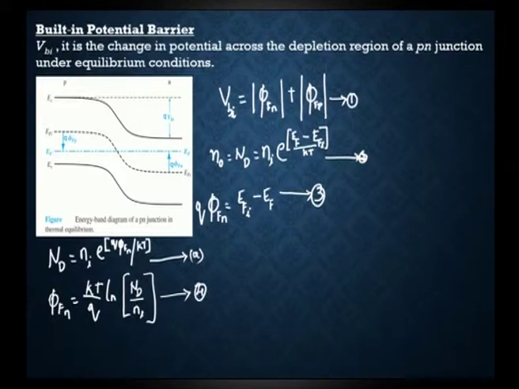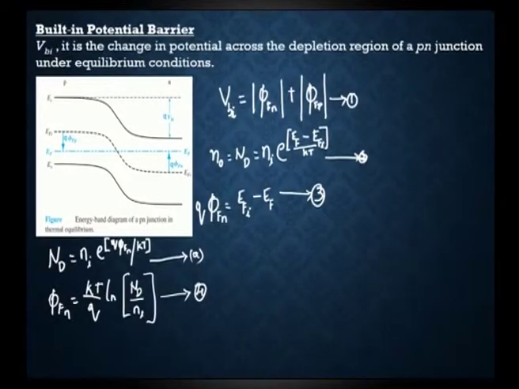This is the potential in the N region: q phi Fn is equal to kT divided by q, the ln of Nd divided by Ni. Now, similarly, we need to find it for the P region.